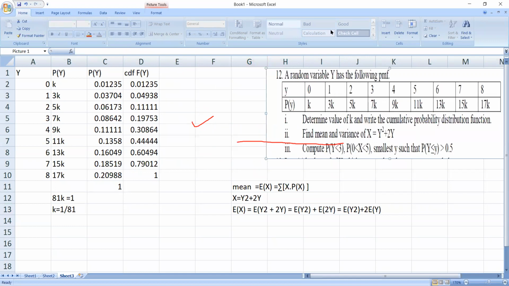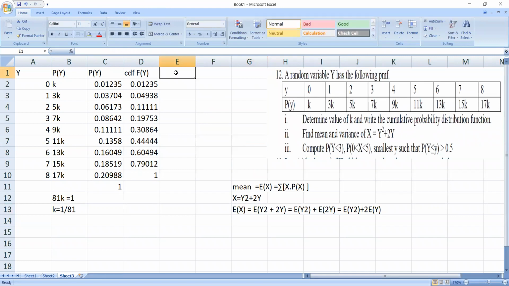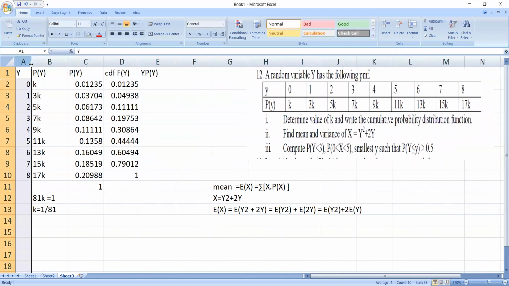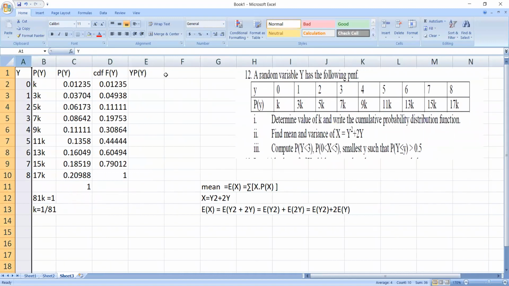So we'll do E of y and E of y square. Now to find E of y, I'll have y into P of y. And to find y square, I need the values of y square, E of y square. So I'll have y square values and then y square into P of y.